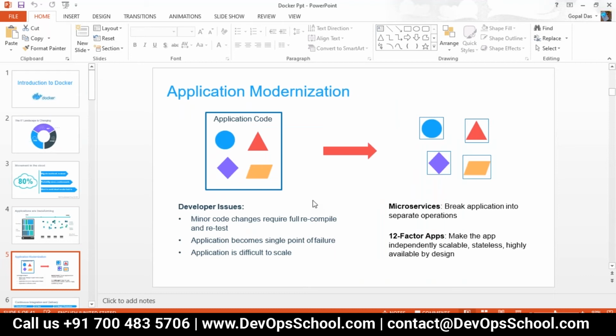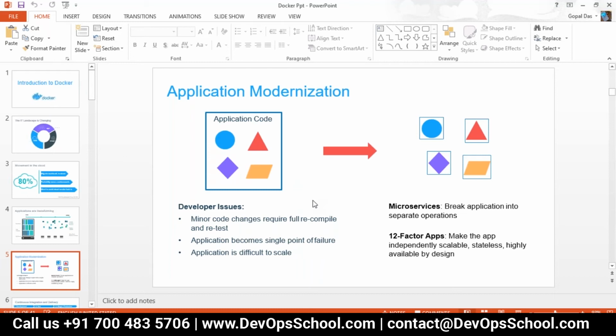And all the applications now are being modernized. Previously, if you did a minor code change, you needed to recompile and retest the whole application, and your application would be a single point of failure. Scaling became difficult. Because of microservices, we are breaking our application into separate operations.